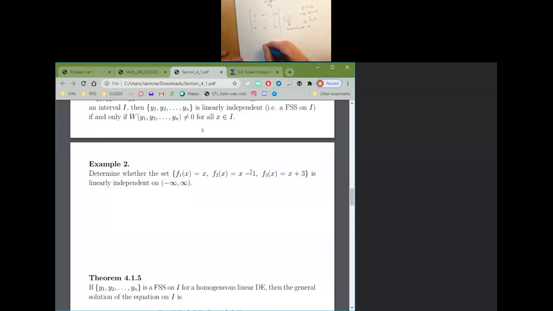So we have x and x minus 1 and x plus 3. If I want to represent one of these as a sum of the other two, how could I go about that?